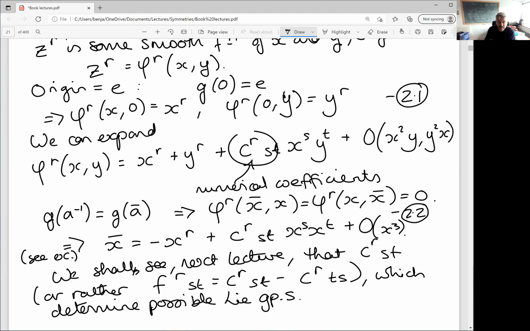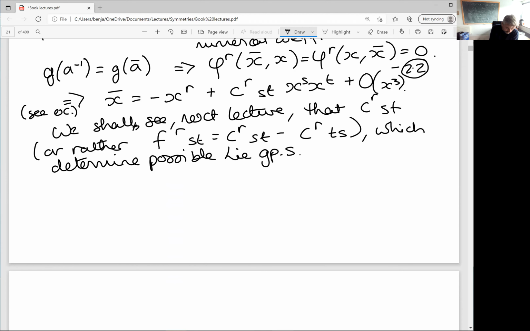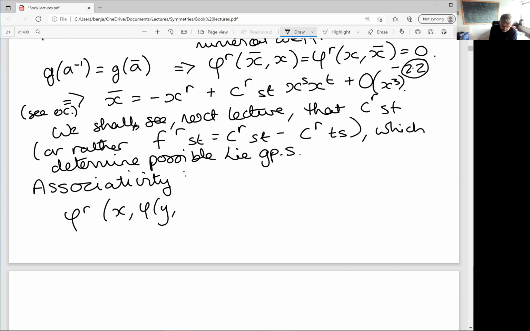Now we have this other group axiom that must be satisfied, and that's associativity. In this language, associativity reads that phi^r(x, phi(y,z)) is equal to phi^r(phi(x,y), z).